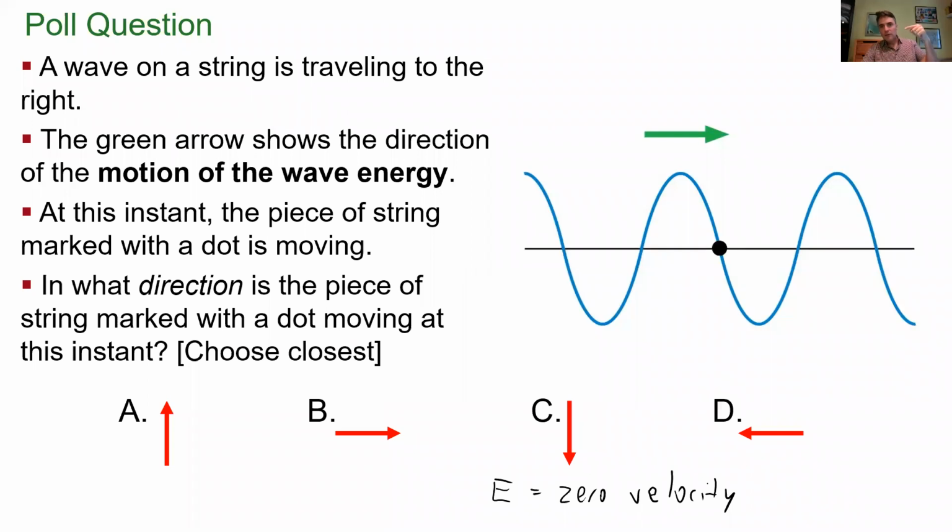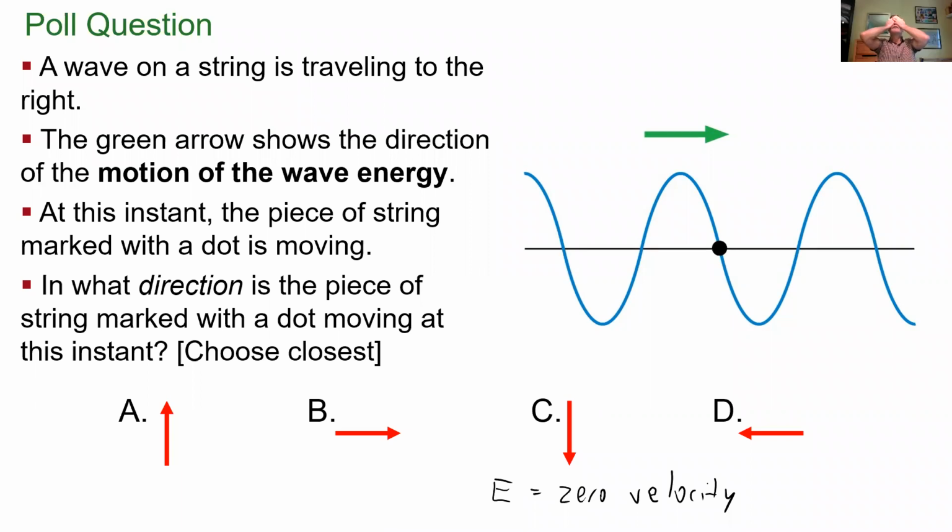So right now, it's showing that 43% of the people who voted were voting A, and 41% were voting C. So whoever did one or the other, that's right. It is either A or C. It is moving for sure. And because it's a particle on a transverse wave, it has to be going up or down. So the question is, is it A or C?